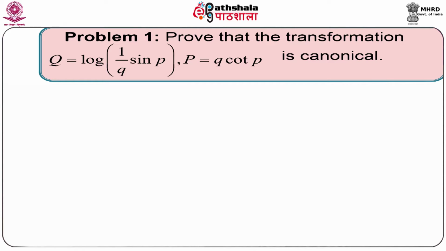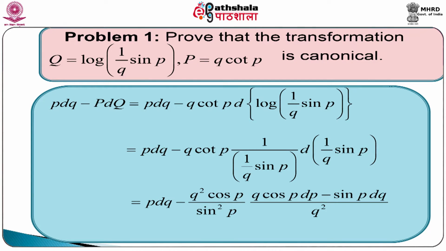Prove that the transformation given by Q equal to log(sin p divided by q), P equal to q cot p is canonical. To prove the canonicality, we have to prove that p dq minus P dQ is an exact differential. Let us check it.